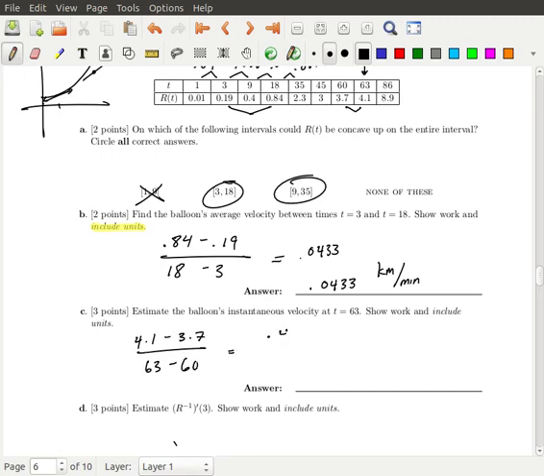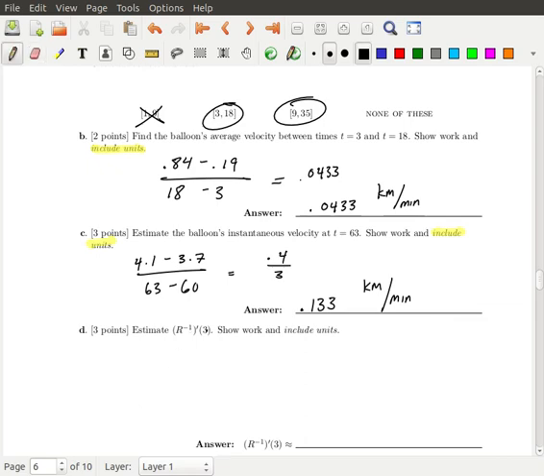We'll get 0.4 over 3, 0.133. And then again, keep an eye out for this, include units. You will lose points if you don't include units.